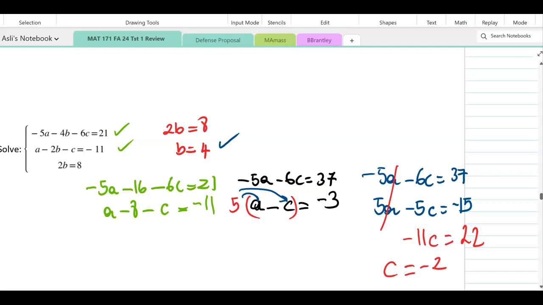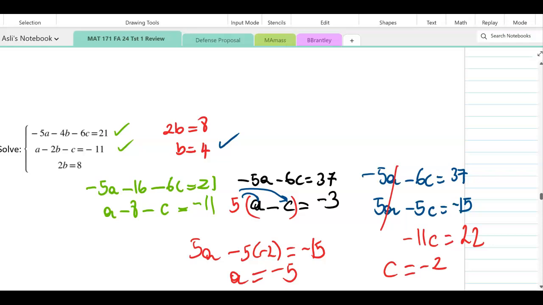And if we use c in any of those equations, for instance, we can use 5a minus 5 times -2 equals -15, and then a will become... Hold on, I don't want to make the mistake again. -5.